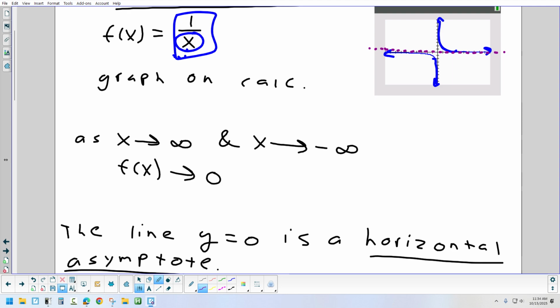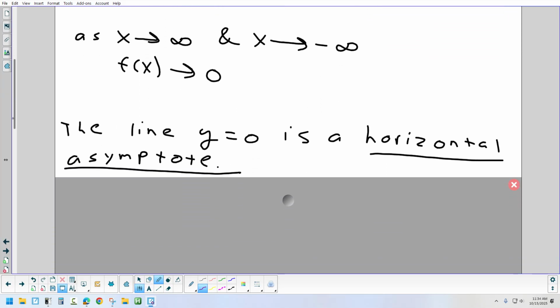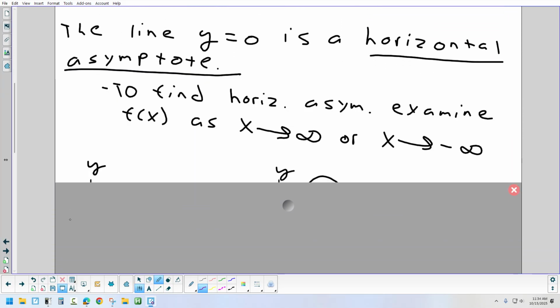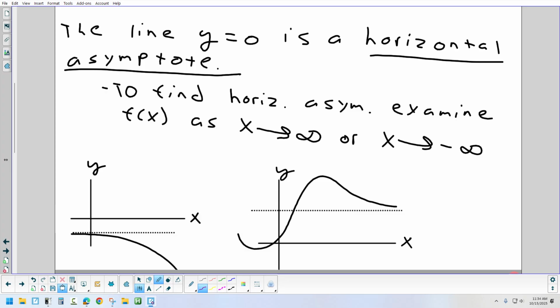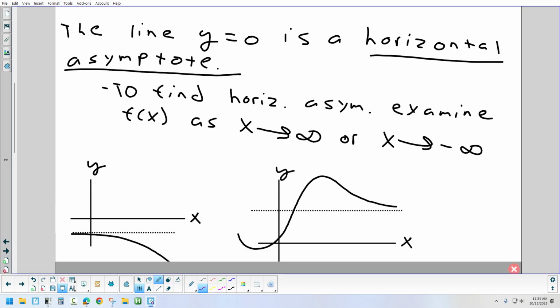It's a dotted line that we could put in that the graph never touches. When you write the equation of a horizontal asymptote, you do have to write it as an equation. Y equals. If you put x equals, and I'm asking for horizontal, that's wrong. X equals would be for vertical, which we'll do in a minute.